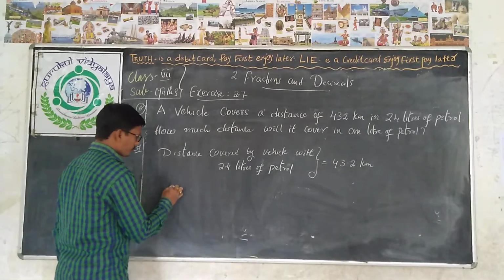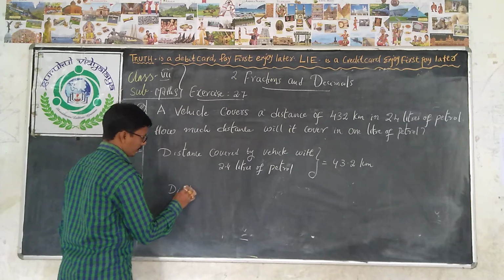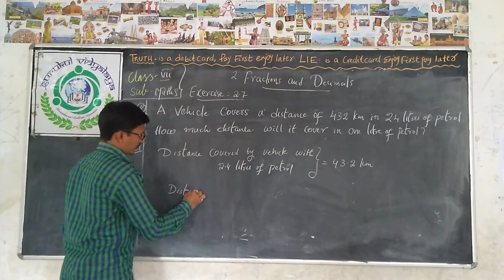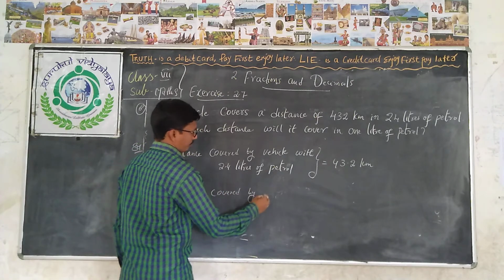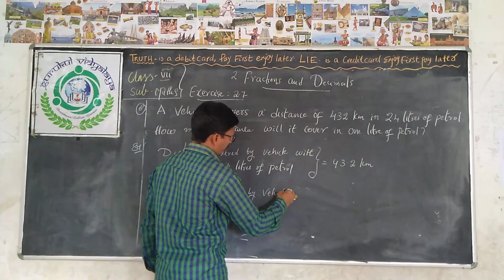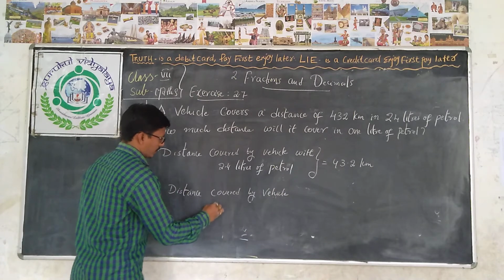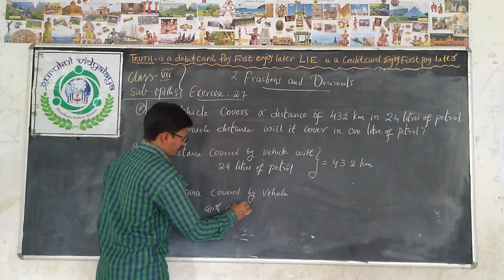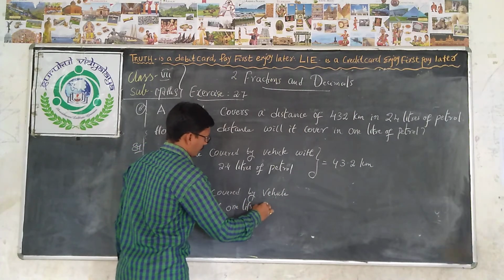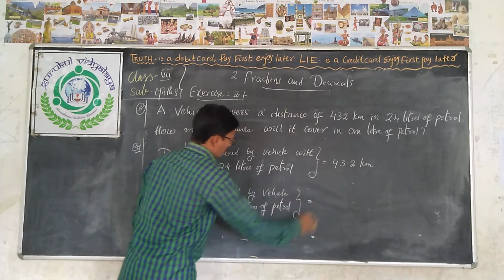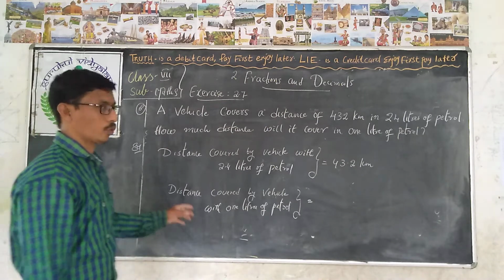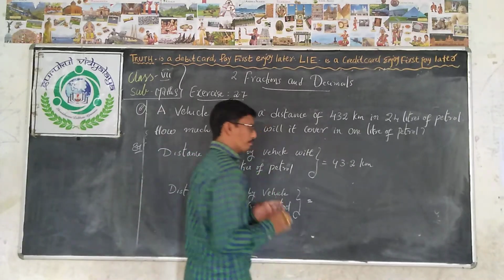So distance covered by vehicle with 1 liter of petrol is equal to... That is simple, children.